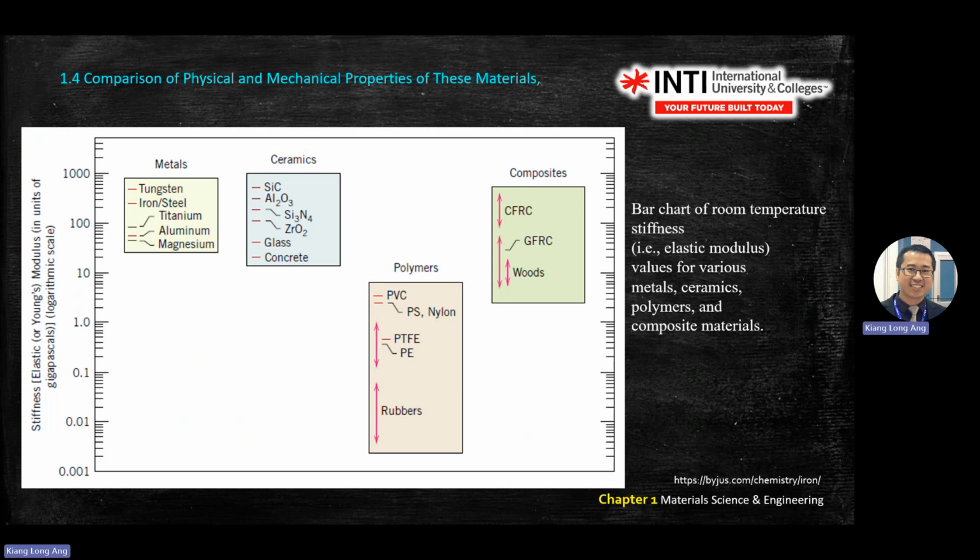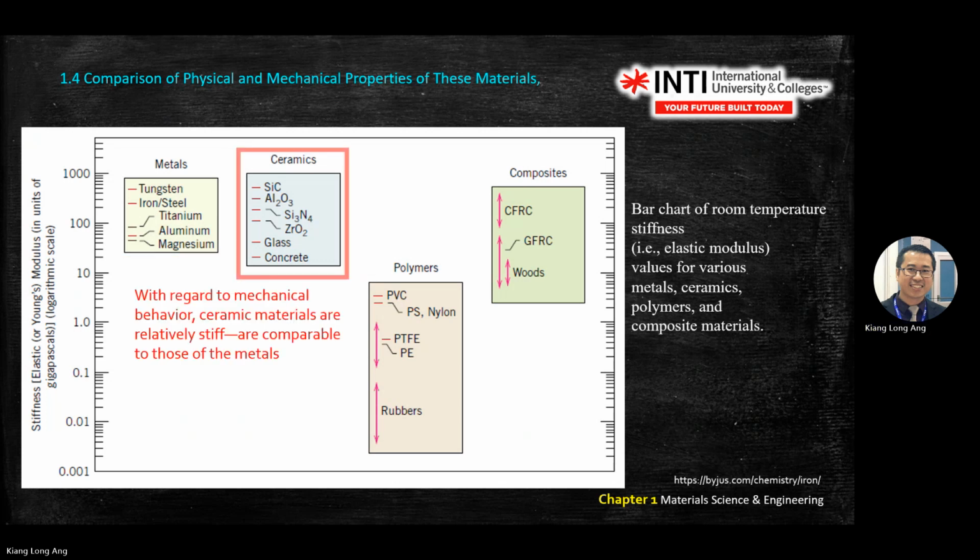But metals are able to withstand a high force. Ceramic also, composite also. For example, ceramic, you can imagine as the bulletproof vest. You use ceramic because it's able to withstand a high impact force.